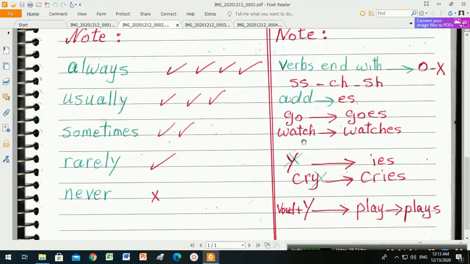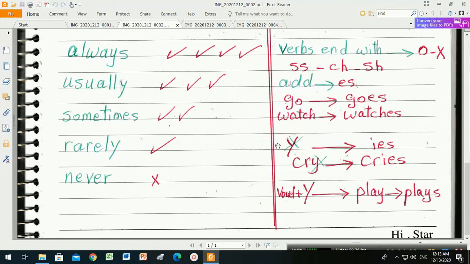Here the verb ends with ch, we must add es to the verb. Okay? And here y. If the verb ends in y, we must remove the y, and then instead of the y we will put ies. For example, cry. Remove the y or change the y into ies.